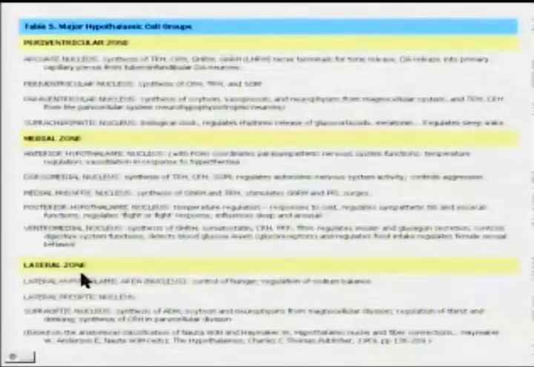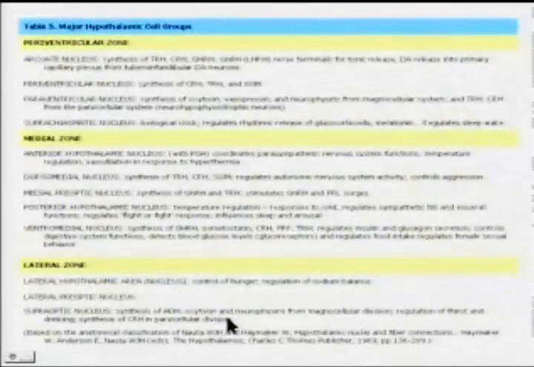The lateral zone, the lateral hypothalamic area, is controlling hunger, regulation of sodium balance, and other types of functions. These are brief lists of the functions, and that's an important idea to keep in mind. The supraoptic nucleus contains magnocellular neurons for ADH, antidiuretic hormone, also called vasopressin, or we'll see it labeled as AVP, arginine vasopressin.